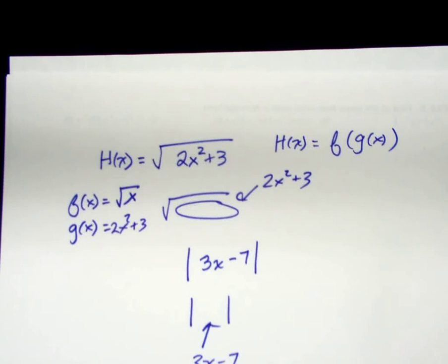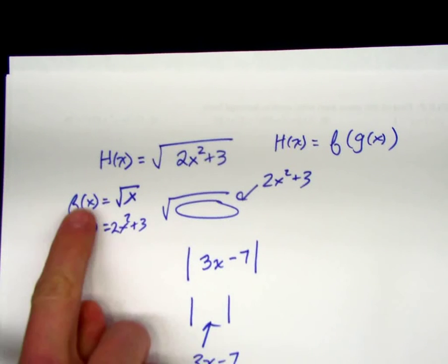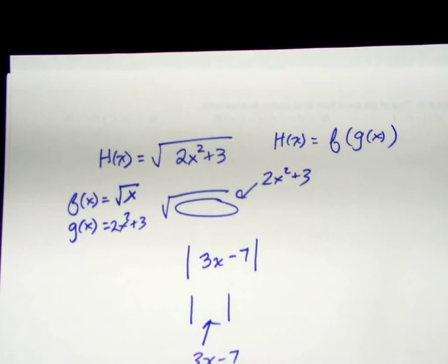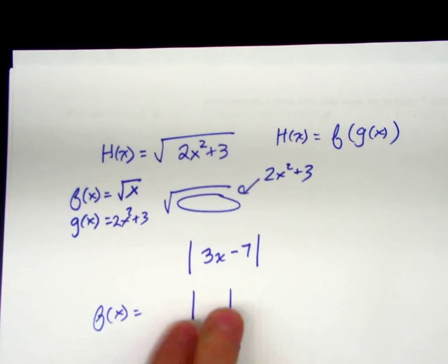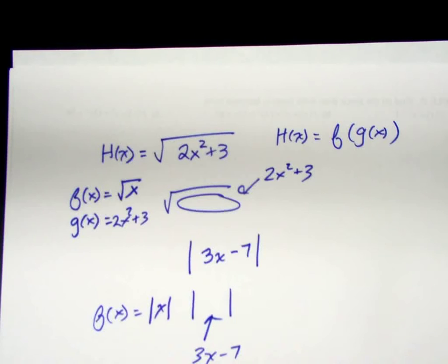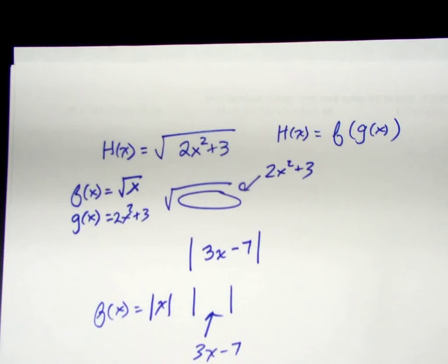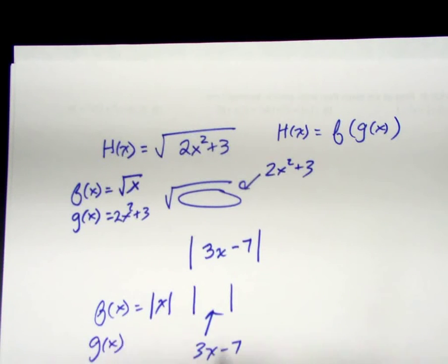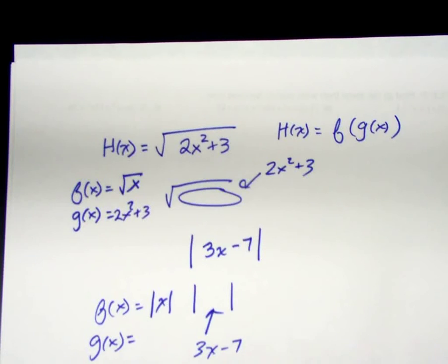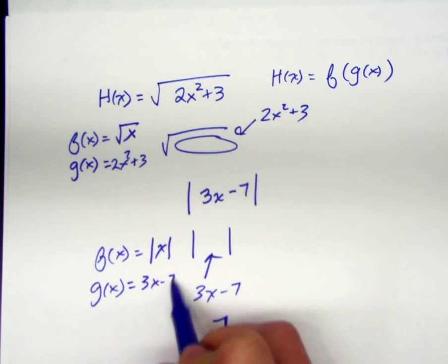Do you see what I did there? Yeah? So your goal is to figure out what is the outside function. So in this case, f of x would just be the absolute value of x, and I'm like, oh, what does x need to be? Well, that inside needs to be 3x minus 7.